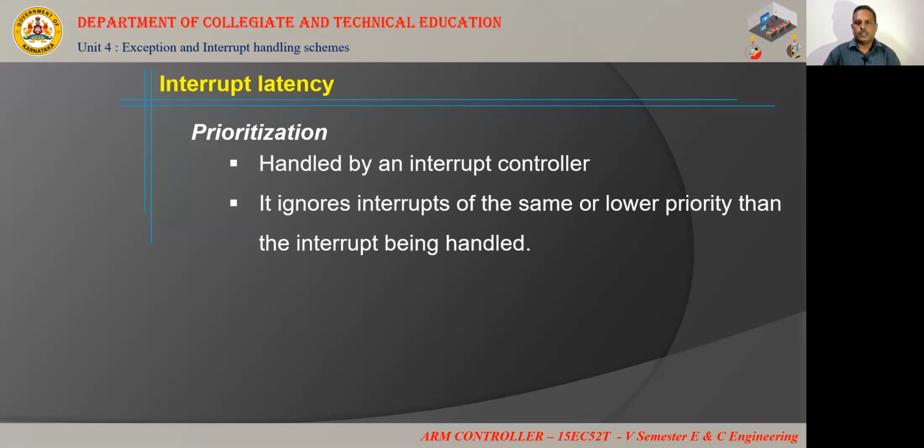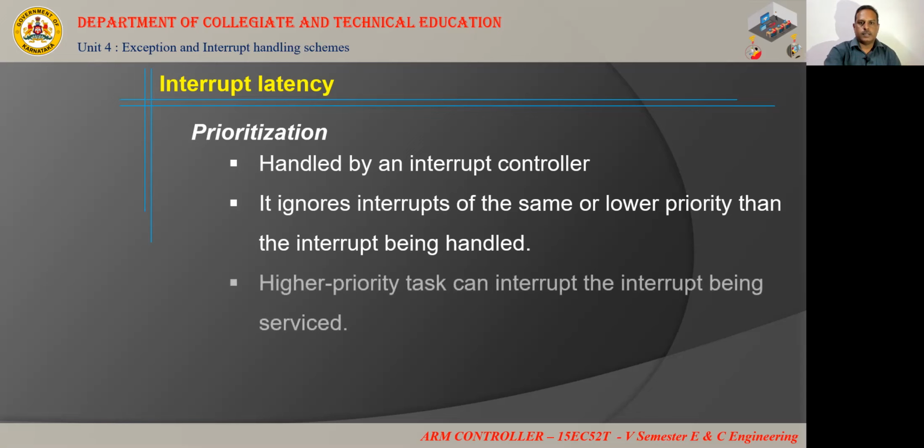It ignores the interrupts of the same or lower priority than the interrupt being handled. When one interrupt is being handled, it will not allow the interrupts of lower priority to be serviced. It will only consider the interrupts of higher priority than the one being serviced.